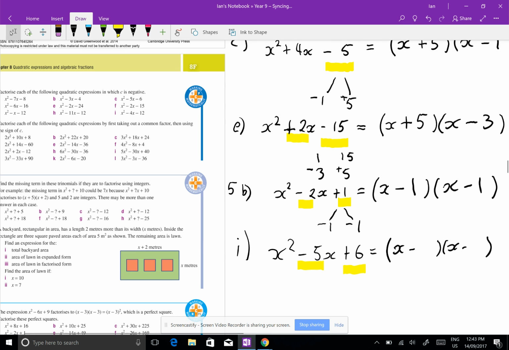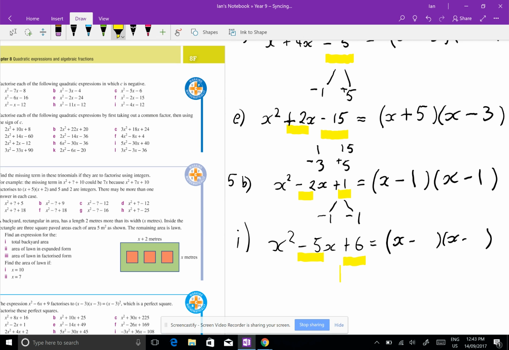So I can have 1 and 6, or 2 and 3. They both have to be negative. Well, negative 1 plus negative 6 is negative 7, but negative 2 plus negative 3 is negative 5.